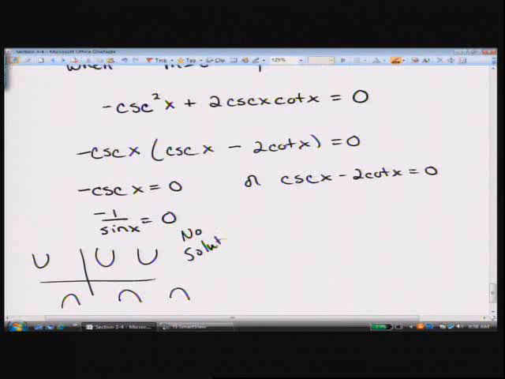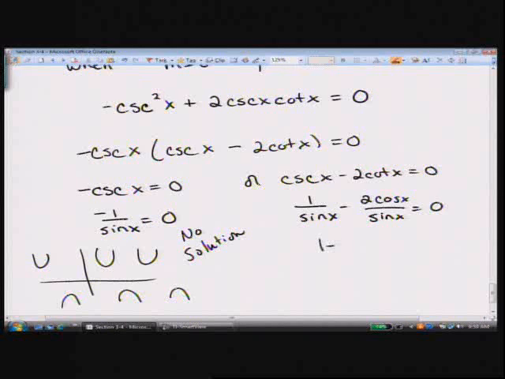All right, well, that was good. So it must be this other factor over here that we can work with. Cosecant is 1 over the sine of x. Cotangent is cosine x over sine x. Well, that's nice, because we could write this as 1 minus 2 cosine x over sine x, right?